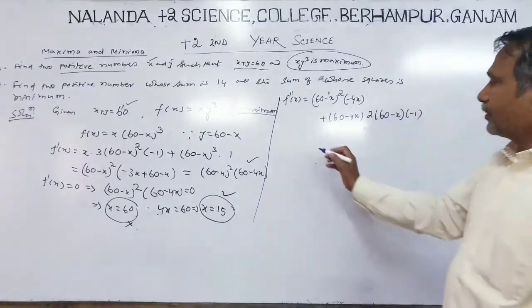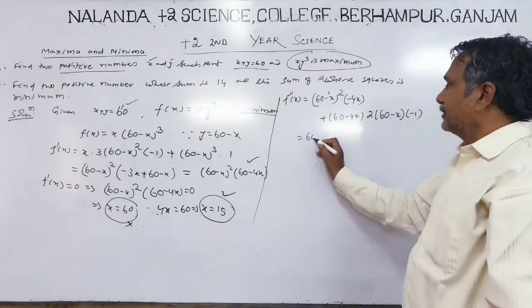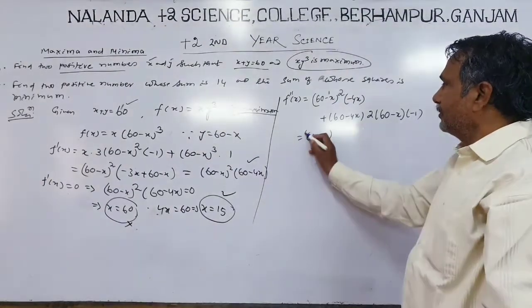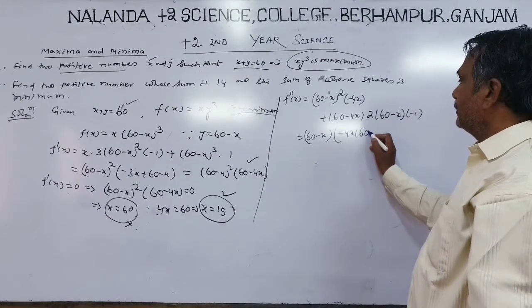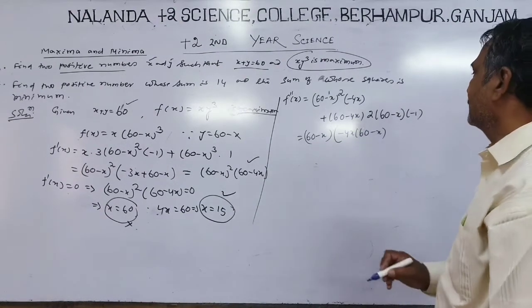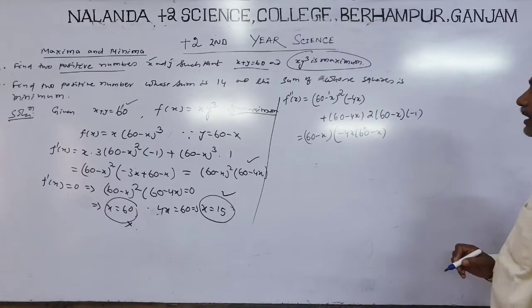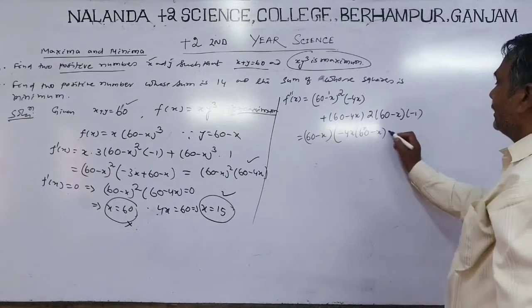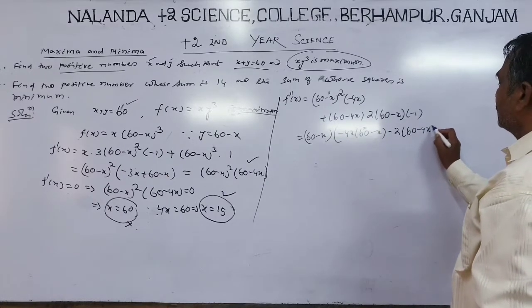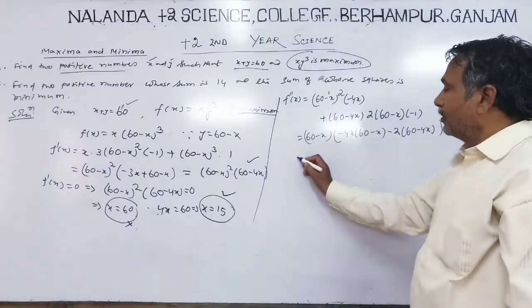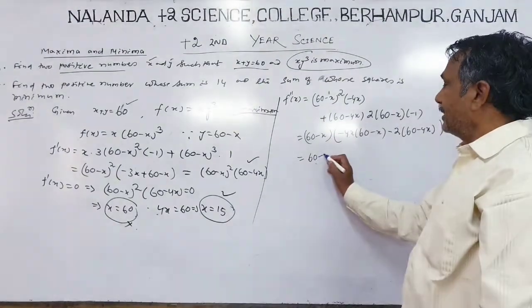Okay. Now take out a common factor, 60 minus x. Here minus 4x into (60 minus x). Okay. Now here minus 2 into (60 minus 4x), over 60 minus x.